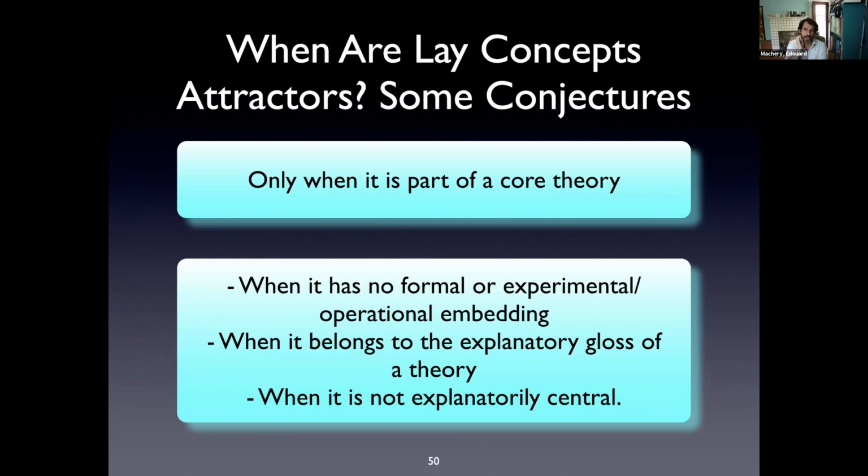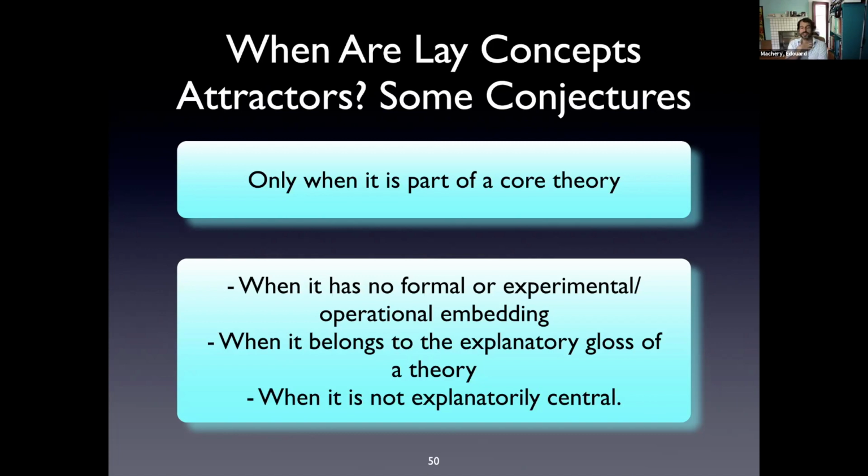And the third situation that I wanted to make a conjecture about is when a concept is not explanatory central. Here I have in mind what Kitcher had said about the concept of ether in the 19th century. 19th century mechanics, as you probably know, relies a lot on the mechanical properties of a substrate, namely ether, that is meant to be pervading the universe and explain how waves can spread.